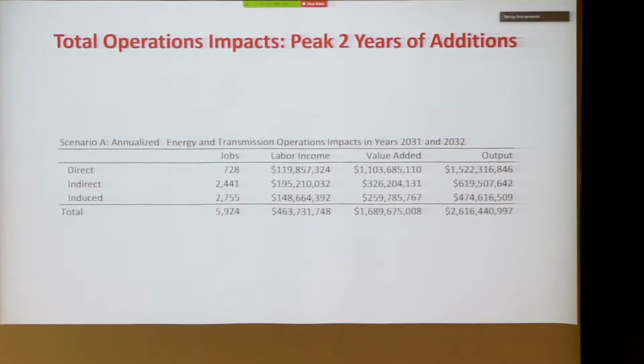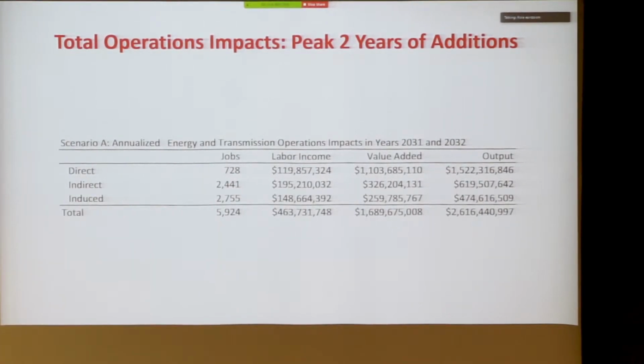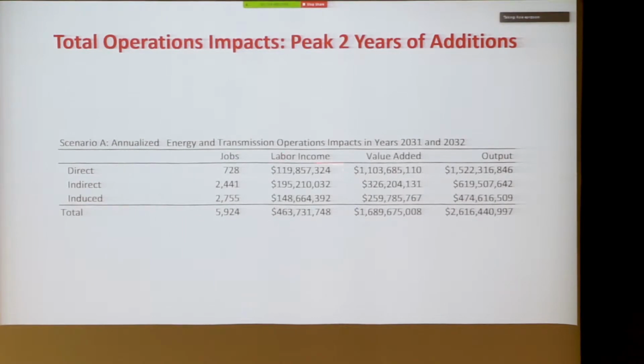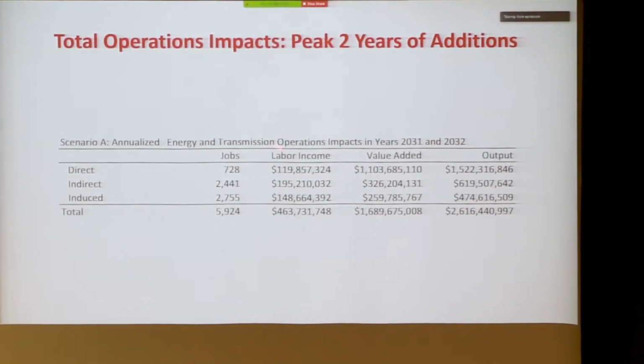And so here's one of my peak years for operational impacts. In that year, given all of the additions that occurred, it created just 728 jobs in operations. Labor income, by the way, if you divide this by that, you can see these people make really good money, way more than I do per job. Then value added, and then the output.